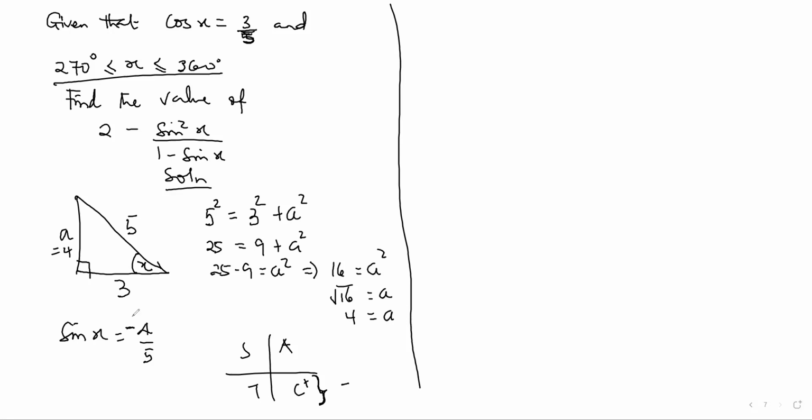Then we now substitute. So we have 2 minus, wherever I see sine square x, I'll put minus 4 on 5. I'm squaring it because of this square. Then all over 1 minus, my sine already is minus 4 on 5. I hope you're getting it. So this gives you 2 minus 4 squared, which gives you 16, and 5 squared gives you 25.